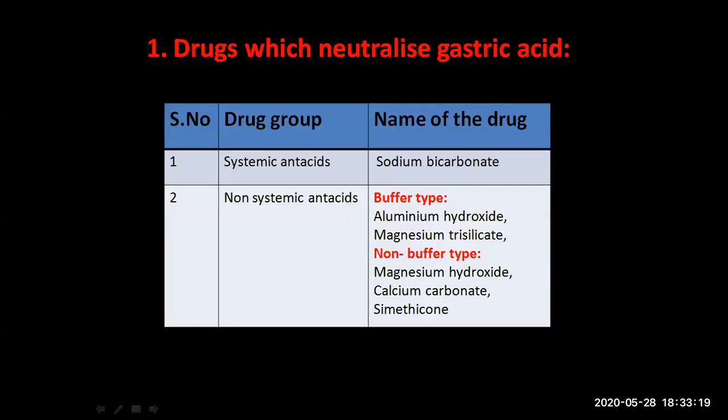We'll see the first group of drugs, the drugs which neutralize the gastric acid. They are also known as antacids. They are of two types, systemic and non-systemic. Under systemic, we have sodium bicarbonate, and under non-systemic, we have two types called buffer type and non-buffer type. Under buffer type, we have aluminum hydroxide and magnesium trisilicate. Under non-buffer type, we have magnesium hydroxide, calcium carbonate, and simethicone.